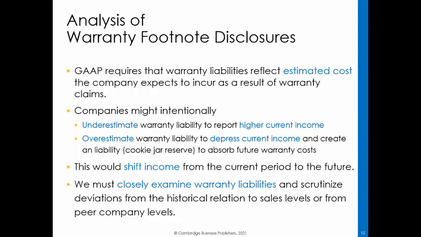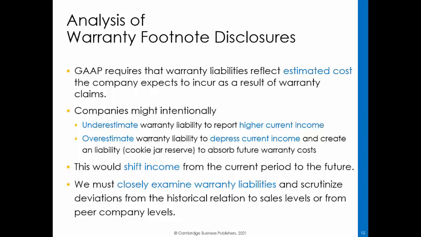There is also the possibility that a company might intentionally underestimate a warranty liability to report higher current net income or overestimate it to depress current income and create an additional liability on the balance sheet that can be used to absorb future warranty costs and reduce future expenses.